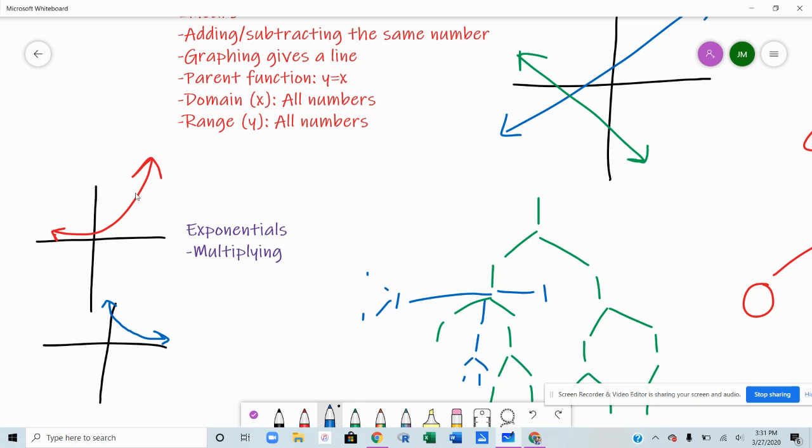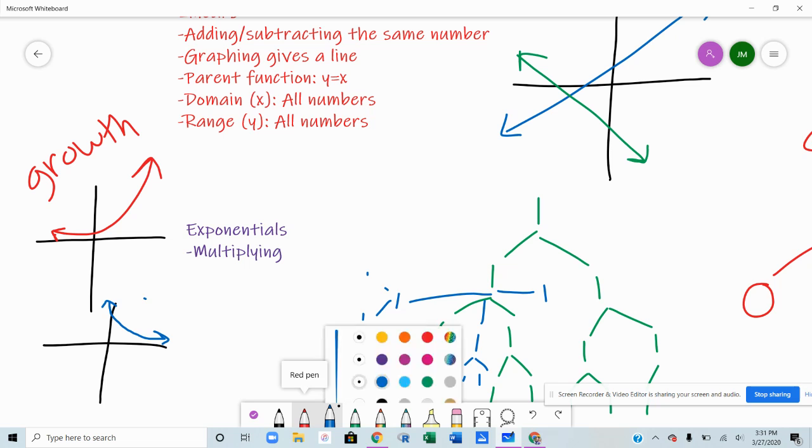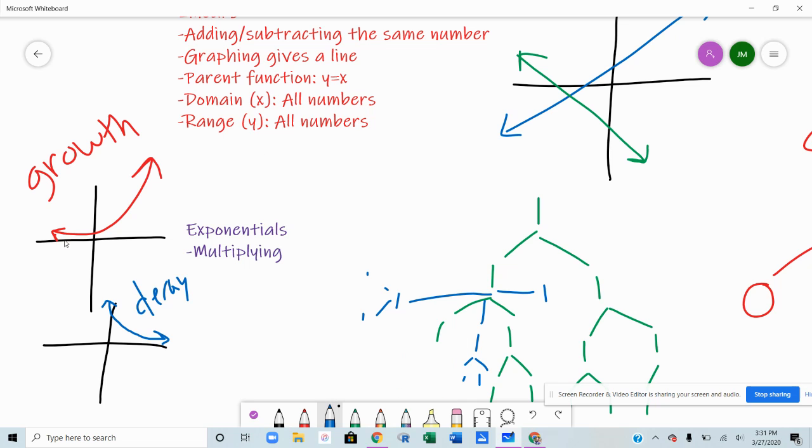If you recall, we call this one growth, and we called the other one decay. This graph is growing, it is increasing everywhere.